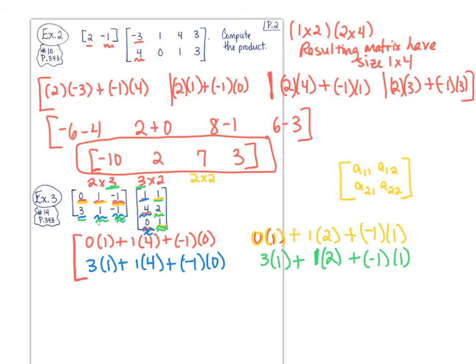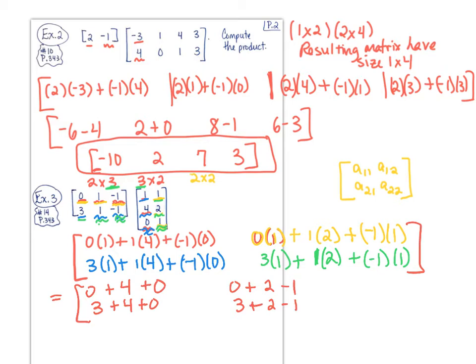And then we simplify. So we get 0 plus 4 plus 0. Then we have 0 plus 2 minus 1. Then we have 3 plus 4 plus 0. Then we have 3 plus 2 minus 1. The 1, 1 entry gives us 4.